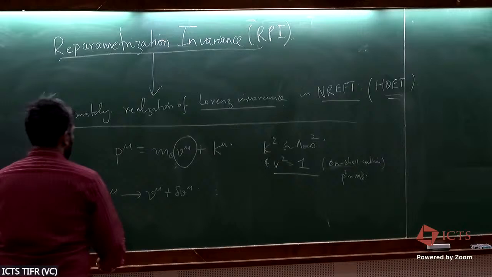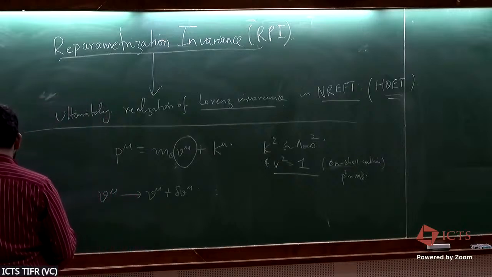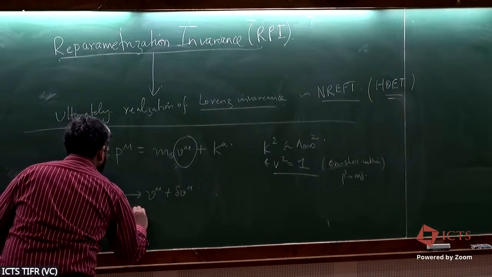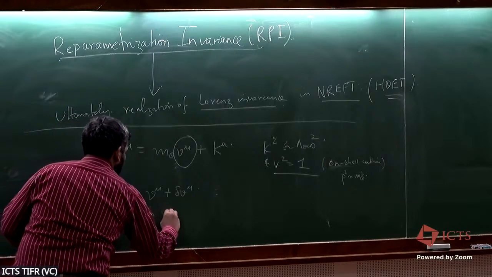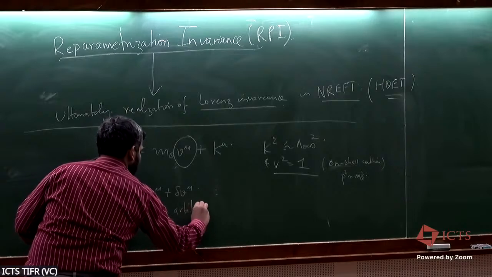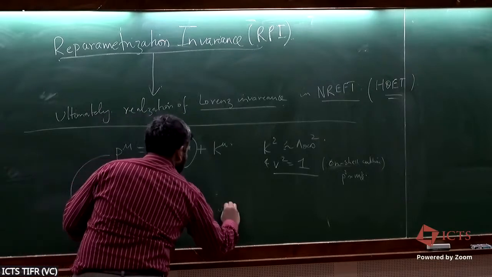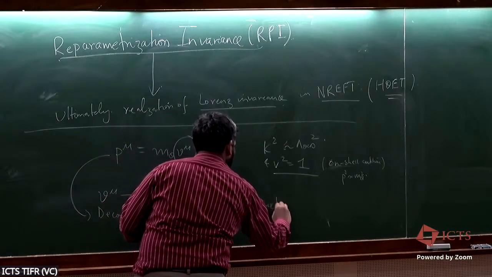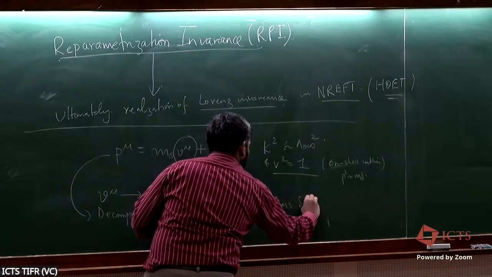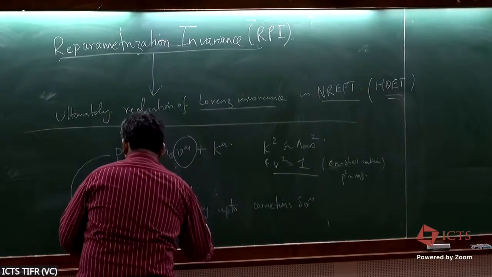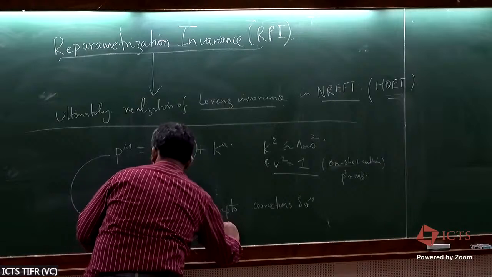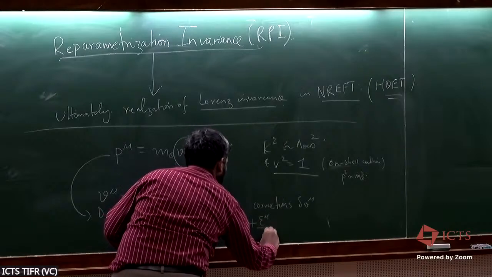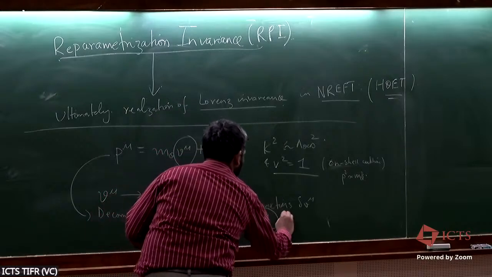So, in other words, what I mean to say is that this decomposition is arbitrary up to corrections like delta V mu. So V mu going to V mu plus, let's say, epsilon mu by M. So this is my delta V mu here.